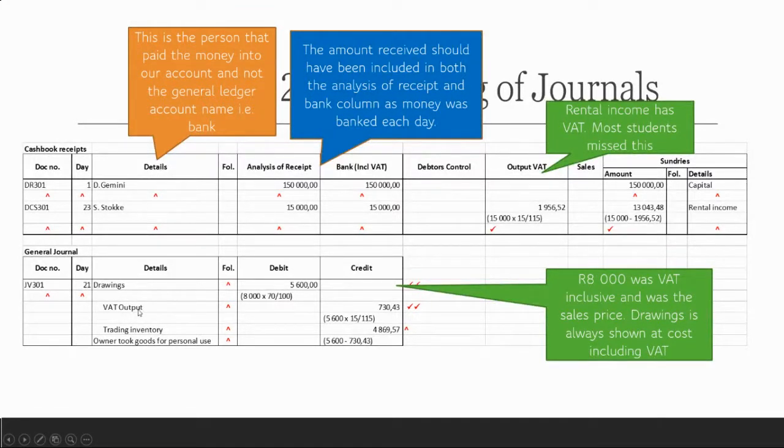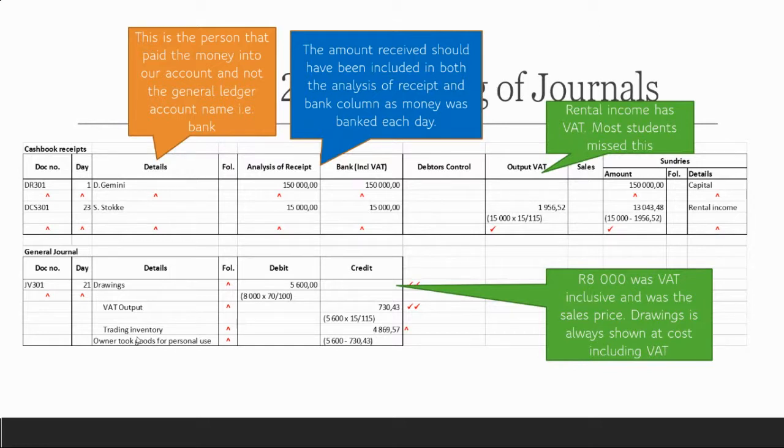Then you had to take out the output VAT or raise output VAT and trading inventory. Now, it's very important when we take stock out of the business, SARS will not allow us to claim that input VAT anymore. So you have to reverse it and you take it to the output VAT account.